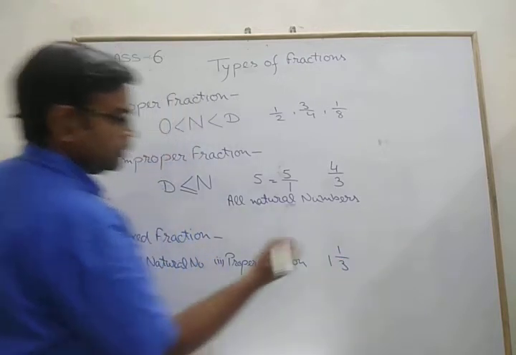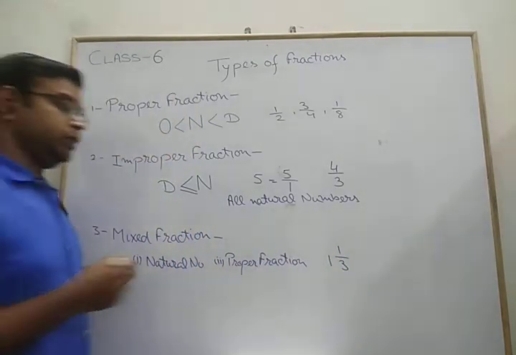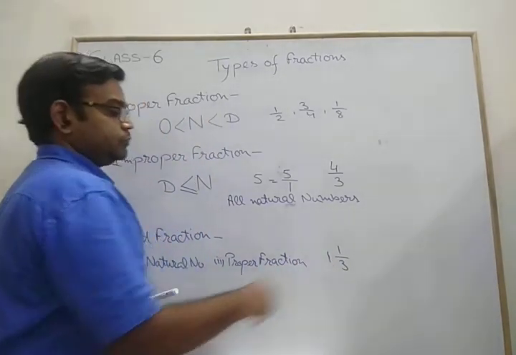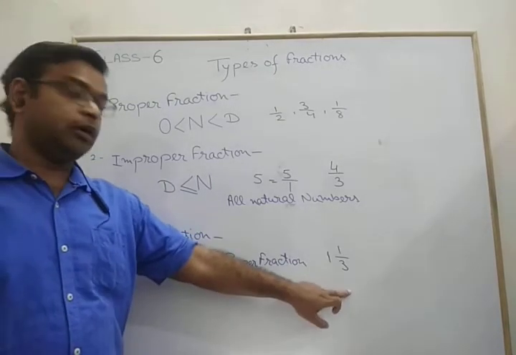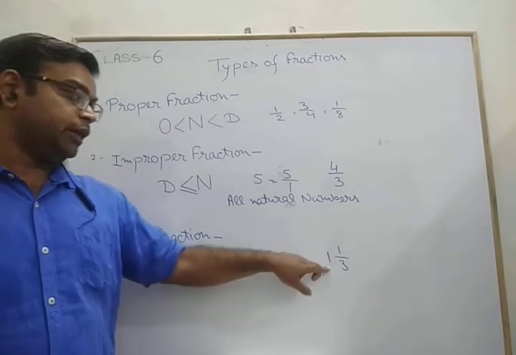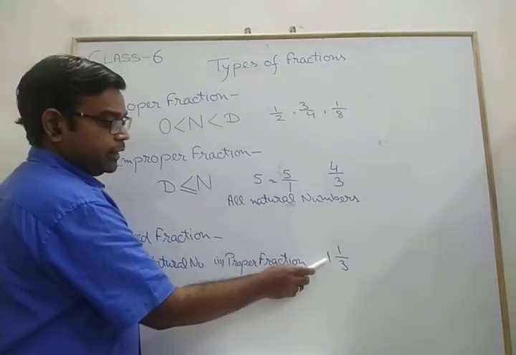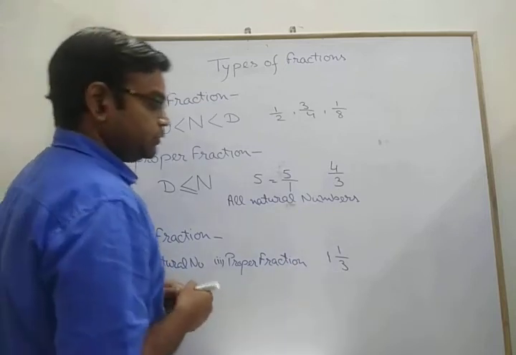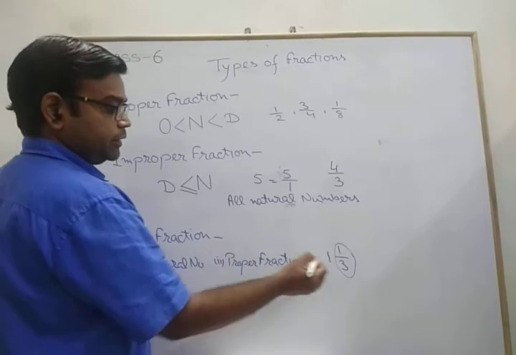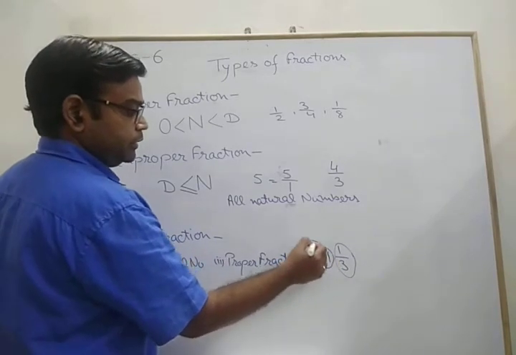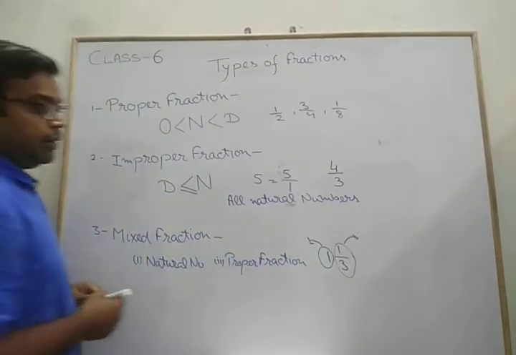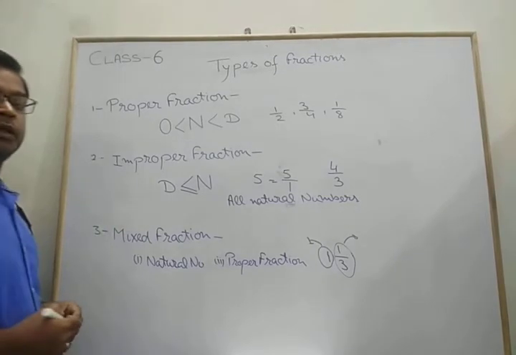We use the word whole, that's why I said whole number part, but actually it's a pure natural number. How do we read it? 1 whole 1 upon 3. This is the mixed fraction where this part is the natural number part and this part is the proper fraction part, and combined it is known as your mixed fraction.